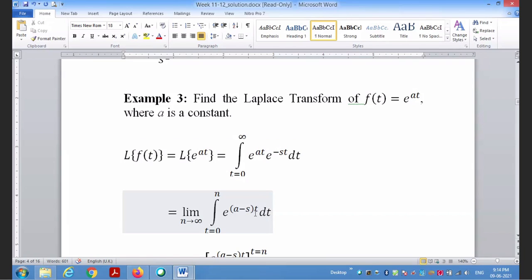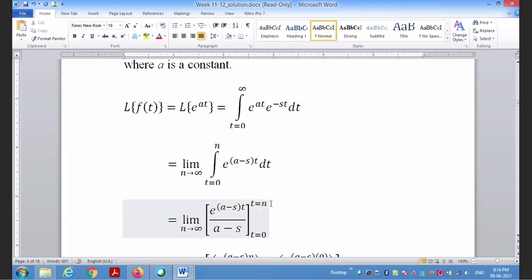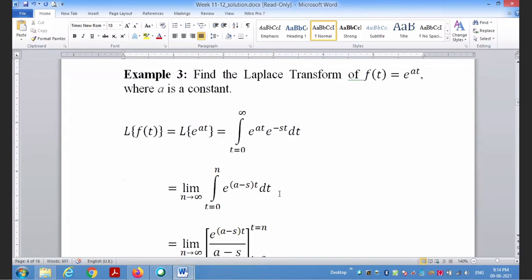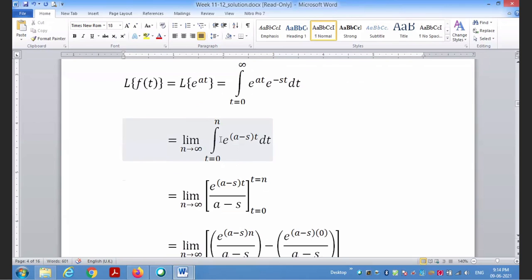Again, you integrate e to the power of (a minus s)t. Remember, this one is a constant. This one is a big number, constant, right?